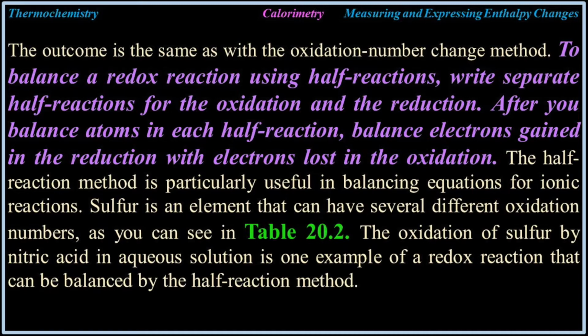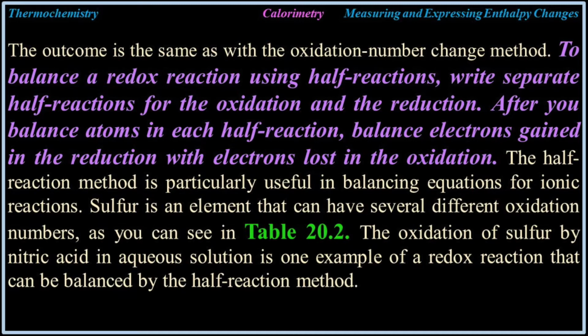The outcome is the same as with the oxidation number change method. To balance a redox reaction using half reactions, write separate half reactions for the oxidation and reduction. After you balance atoms in each half reaction, balance electrons gained in the reduction with the electrons lost in the oxidation.